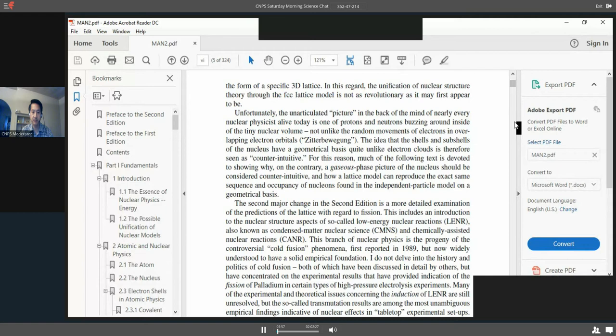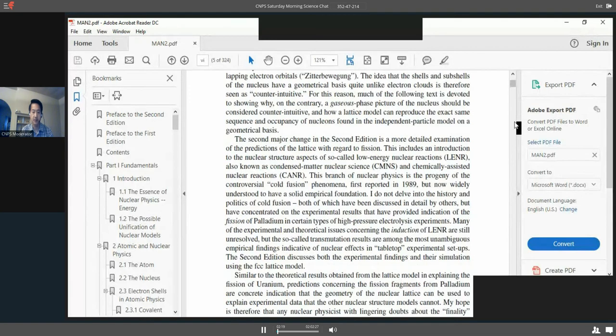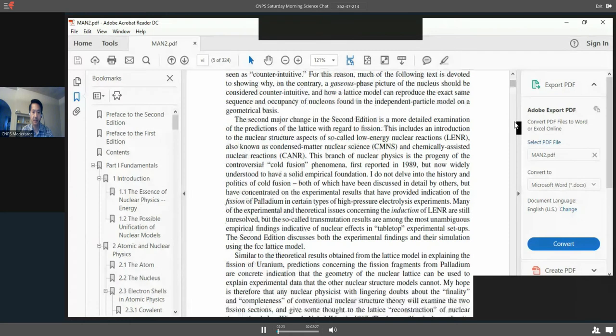For this reason, much of the following text is devoted to showing why, on the contrary, the gaseous phase picture of the nucleus should be considered counterintuitive, and how a lattice model can reproduce the exact same sequence and occupancy of nucleons found in the independent particle model on a geometric basis.